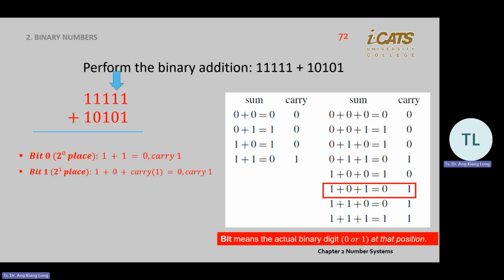It's not here anymore because you have carry 1. So for the next number, you need to read this one. So 1 plus 0, carry 1 from the previous one, equals 0, carry 1. Okay, understand now why we refer to this one?